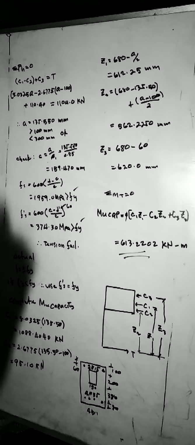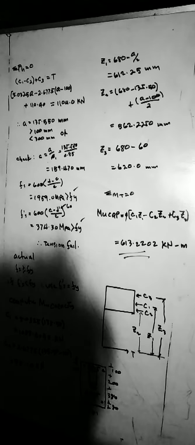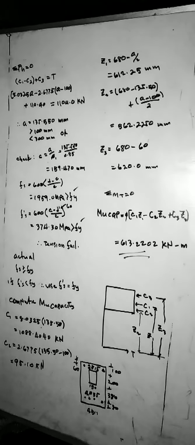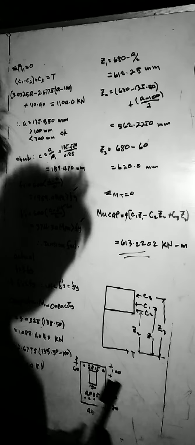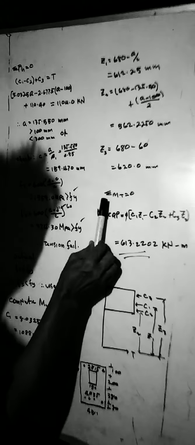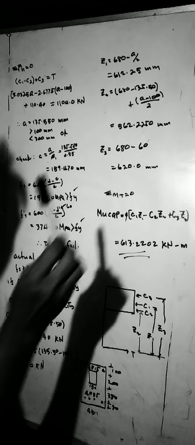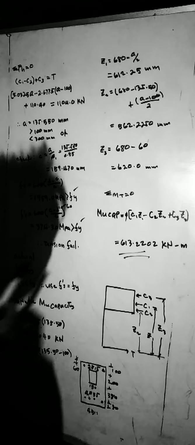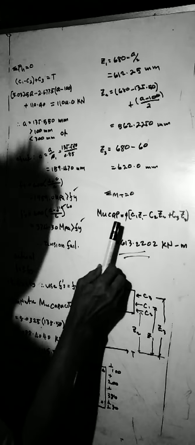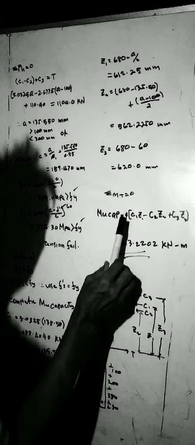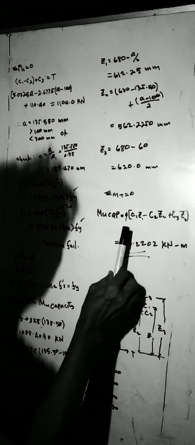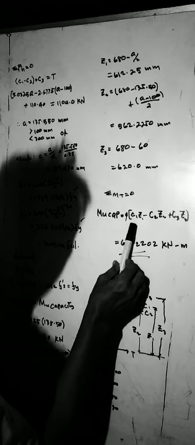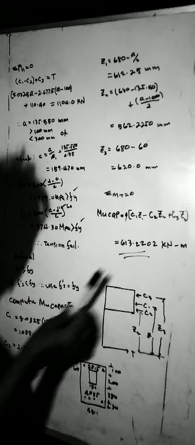So we will compute the moment capacity. For the moment capacity, summation of moment about T equals 0. We have this equation, the ultimate moment capacity of this section, equals phi times this quantity: C1, the value of C1, and Z1.